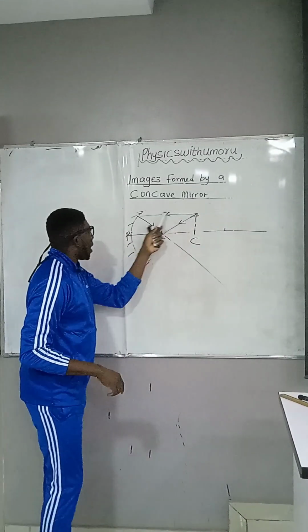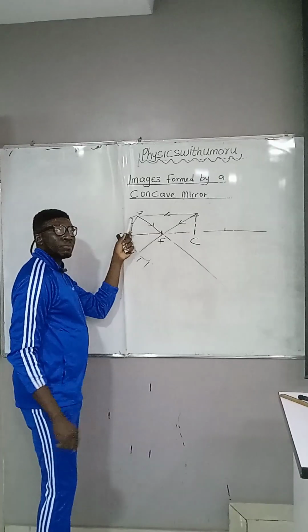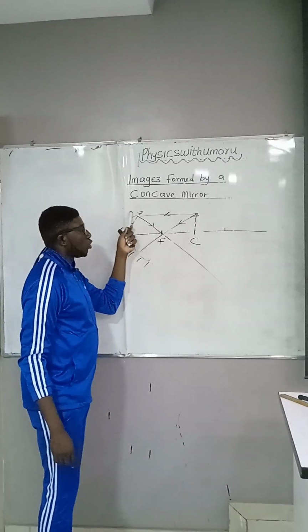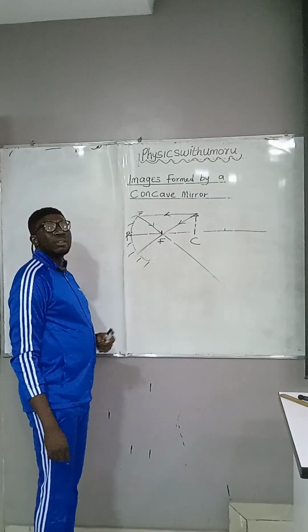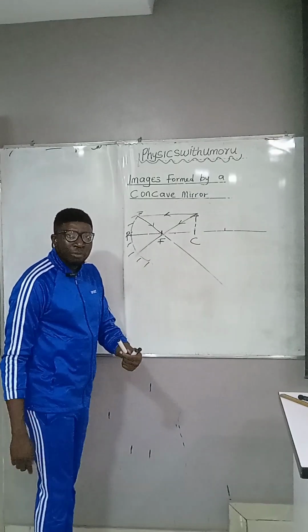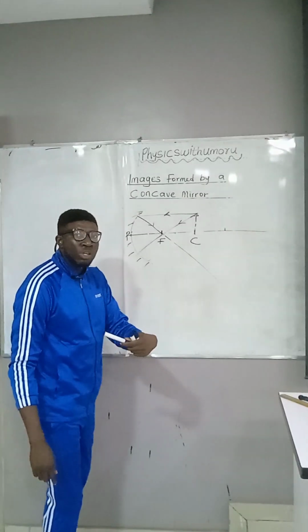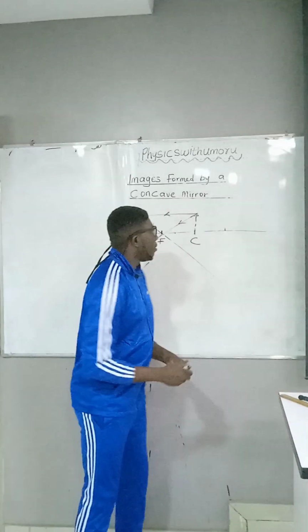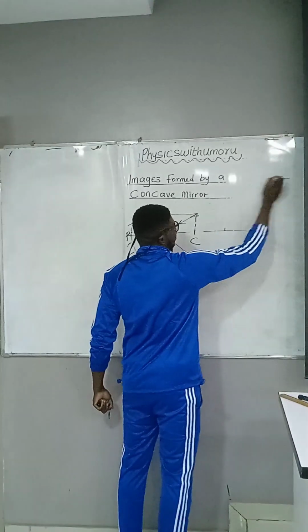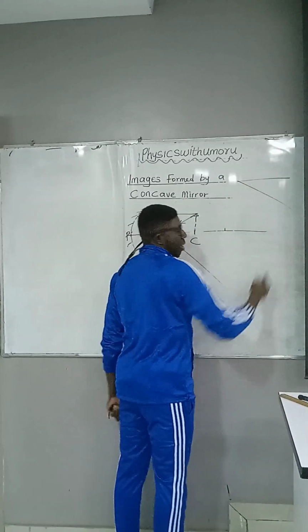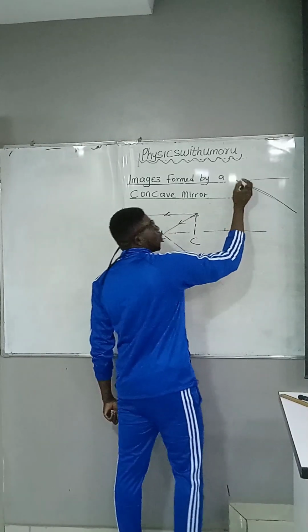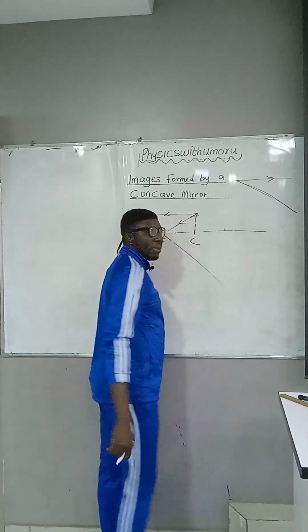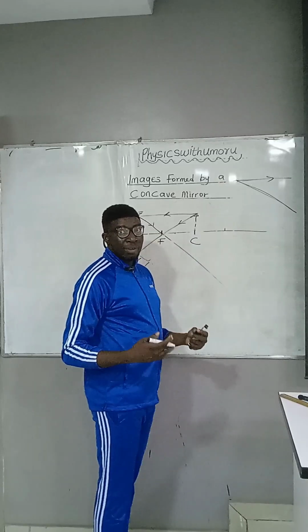So if a ray is parallel to the principal axis, this ray is going to return through F. What if the ray will pass through F? You notice that reversibility of light, the ray is going to return parallel. So this is what we call the reversibility of light.